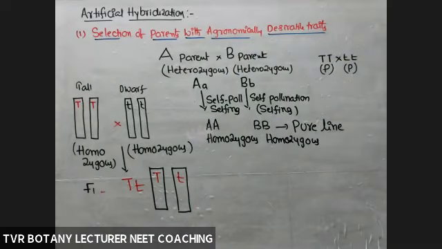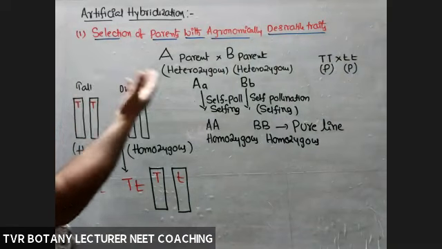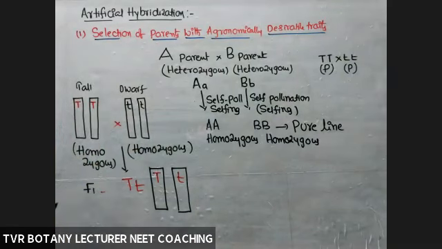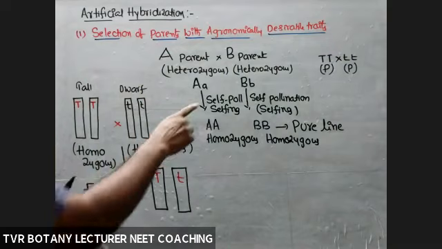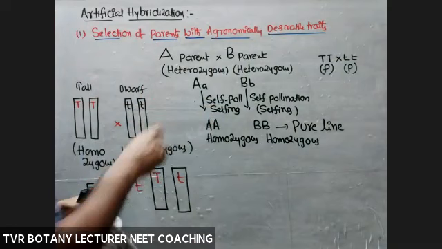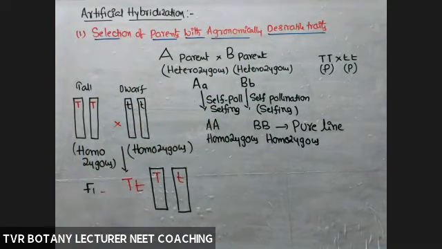So selection of parents is completed and the conversion of heterozygous condition into homozygous condition is completed. Conversion of heterozygous into homozygous is possible if self-pollination is present in that crop. Otherwise, not possible. Is it clear?